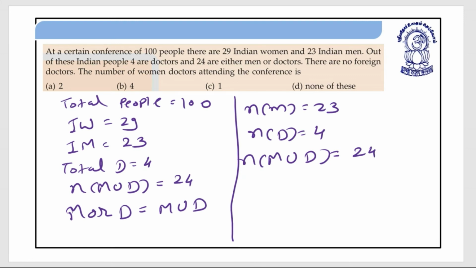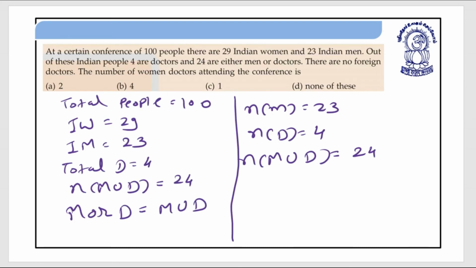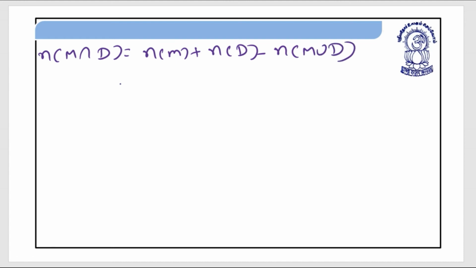So here N of M intersect D is equal to N of M plus N of D minus N of M union D. N of M 23 plus 4 minus 24. 27 minus 24 is equal to 3.